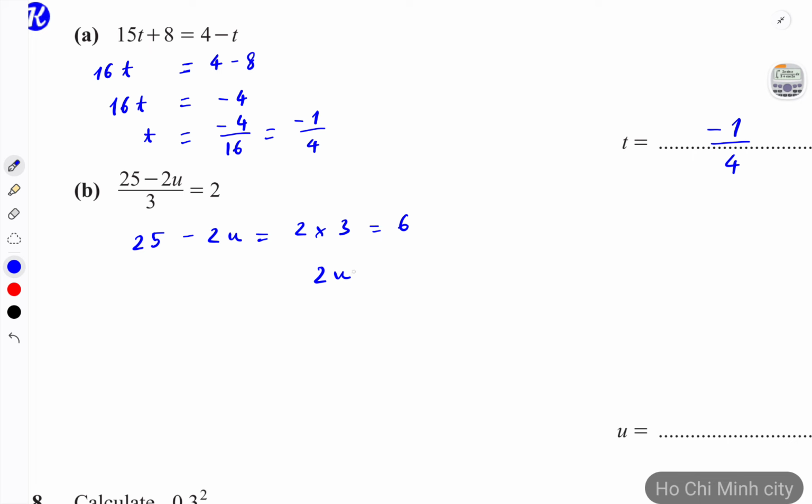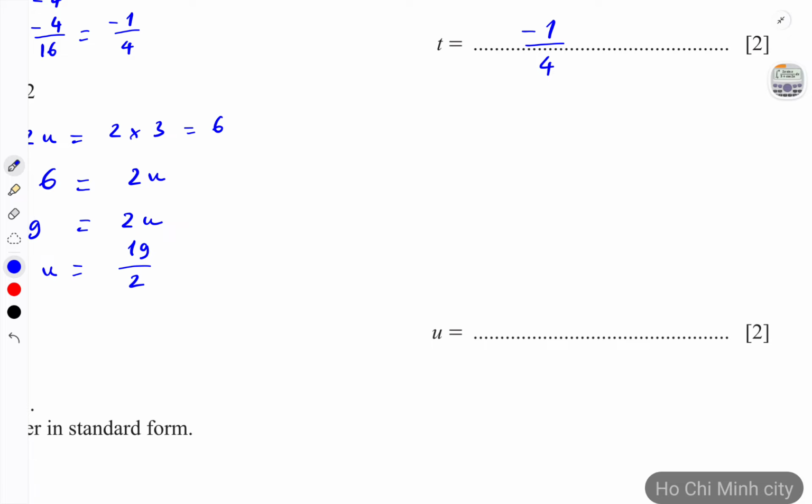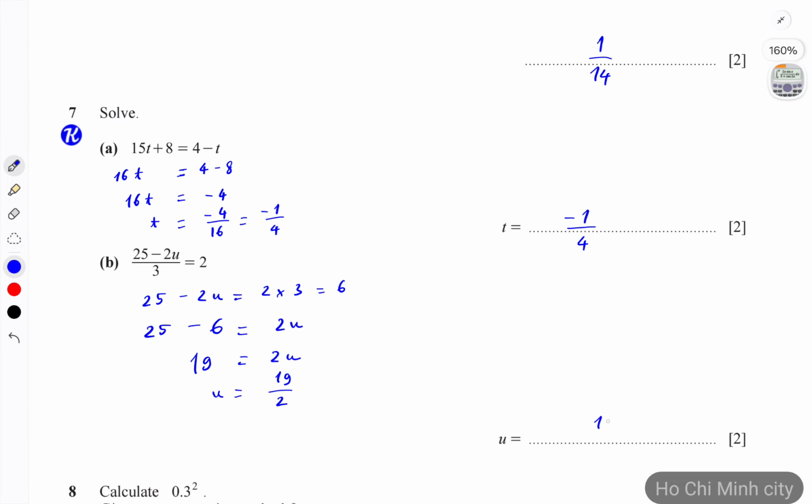So 2u is onto the right, and onto the left we have 25 minus 6, and this one is 19, right? This one is the 19. 19 equals 2u, so u is 19 divided by 2.